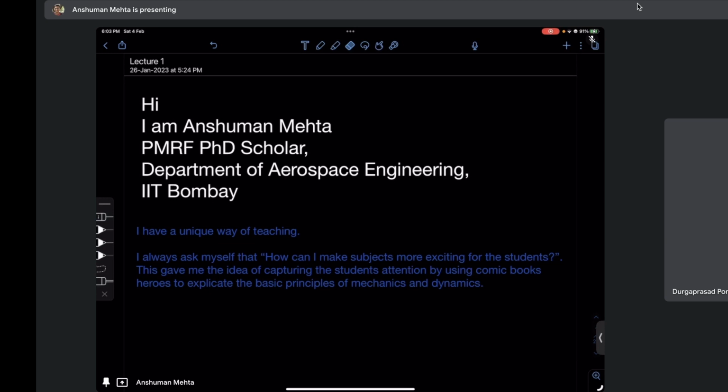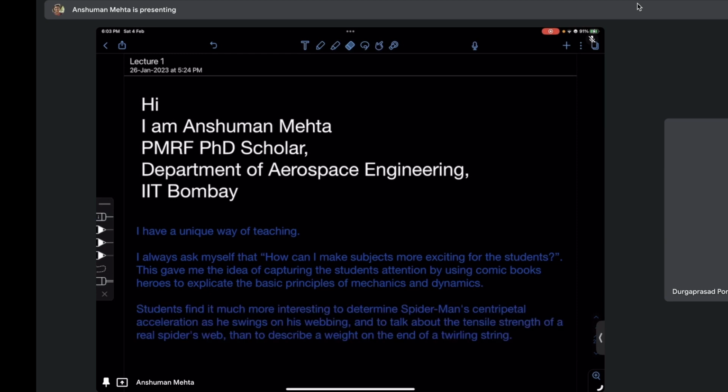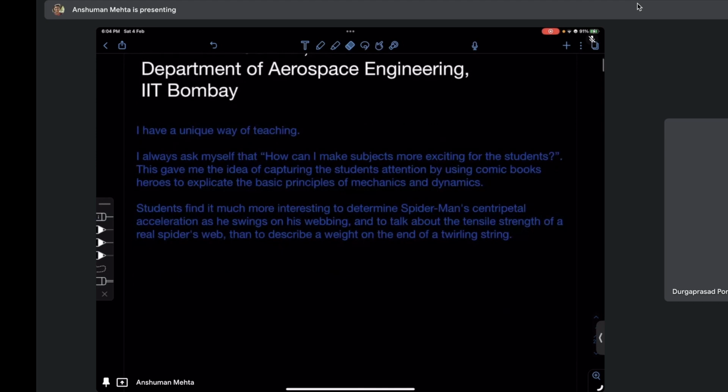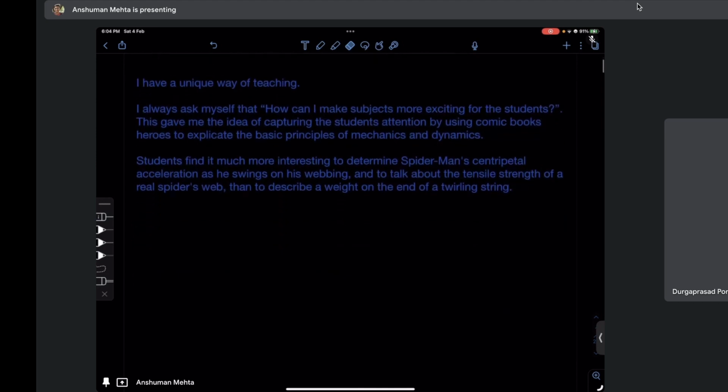Students find it much more interesting to determine Spider-Man's centripetal acceleration as he swings on the webbing, and to talk about the tensile strength of a real spider's web. Compared to a real spider's web, what could be the Spider-Man web tension? Then also to describe the weight on the end of the twirling string.